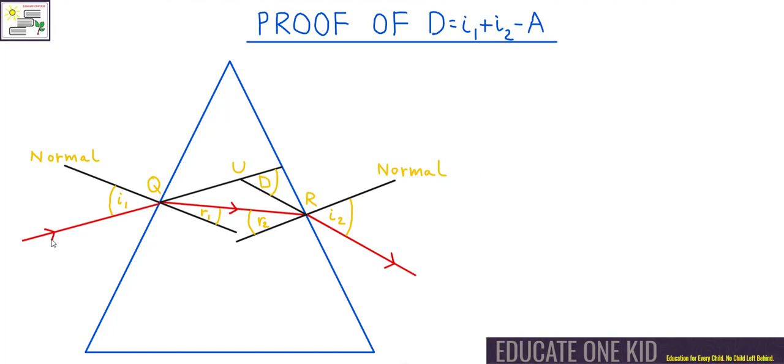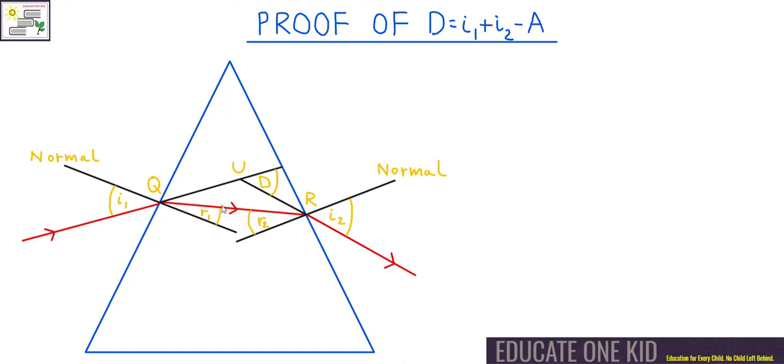So we have some light here, this red light for example, and when it reaches this boundary between air and glass, so this triangle here represents a triangle of glass, you see the light bends like this, and then it bends again. You might remember that the technical word for bend is refract.